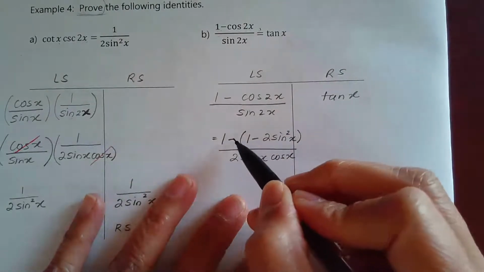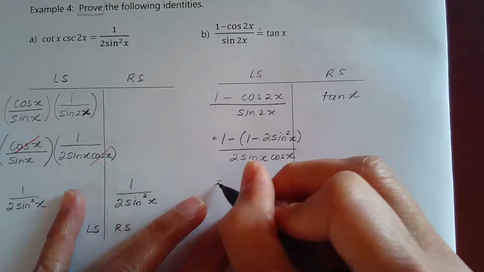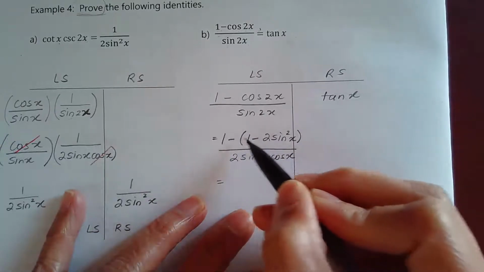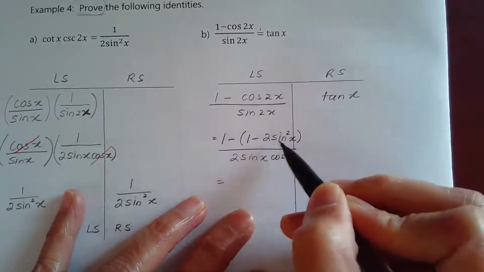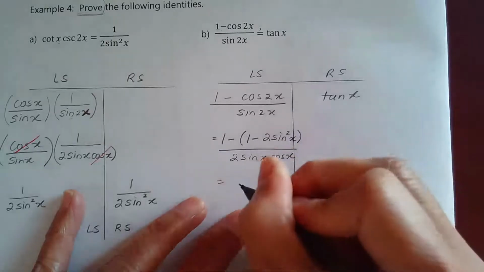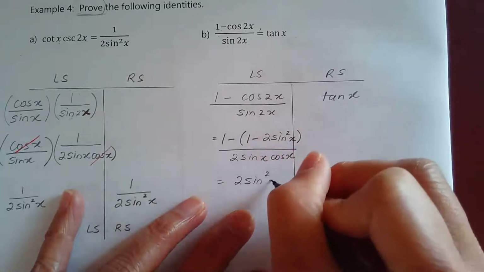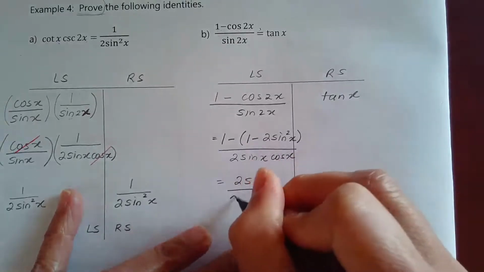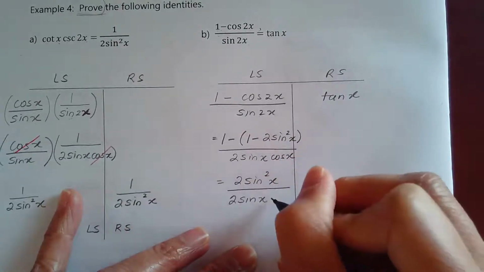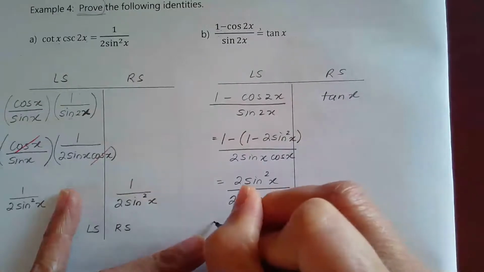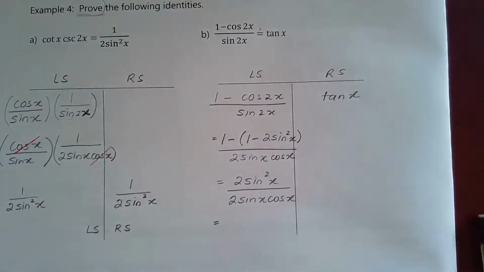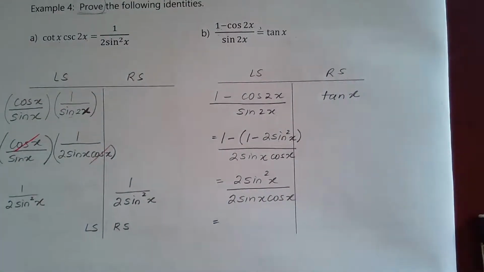So 1 minus 1 gives us a 0. Negative times negative 2 sine squared of x gives us a positive 2 sine squared of x over 2 sine of x cos of x. Then we'll see that there are common factors that can be canceled.